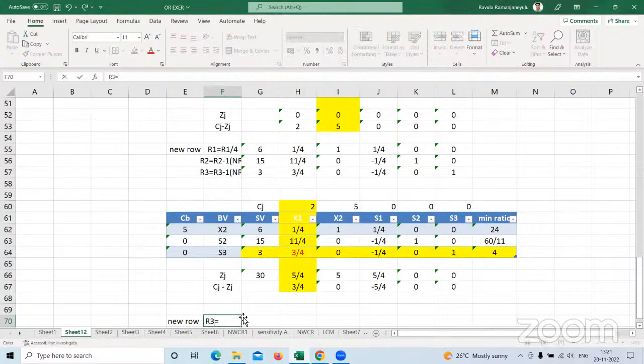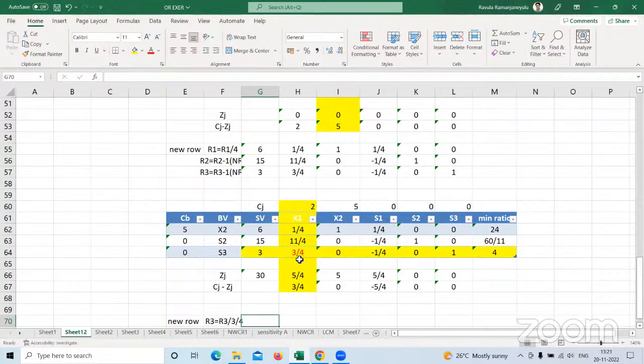Row 3 is row 3 divided by key element, 3 by 4. So 3 divided by 3 by 4, 4 by 3, that is 4, right?